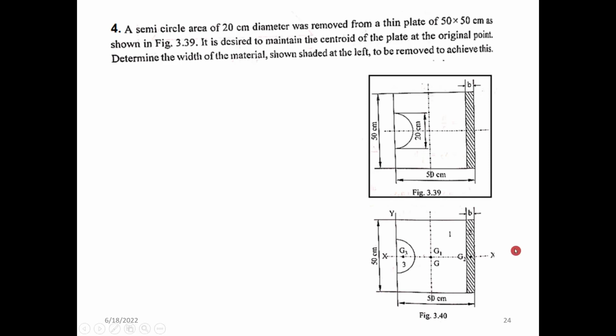In this case, we are dividing the total area into three. G1 is the total rectangle, G2 is the centroid of that individual rectangle which has to be removed, and G3 is the centroid of the semicircular area. So we have 50 centimeter total depth and 50 centimeter total width.